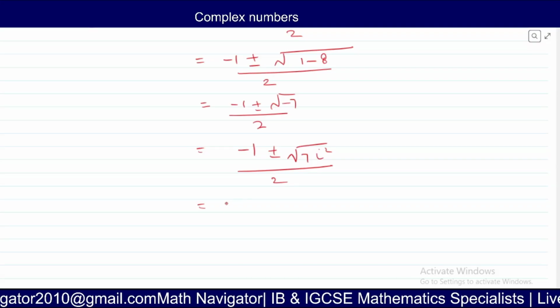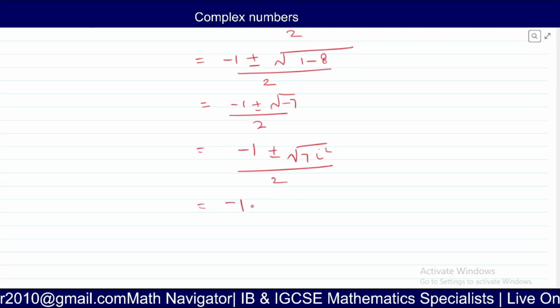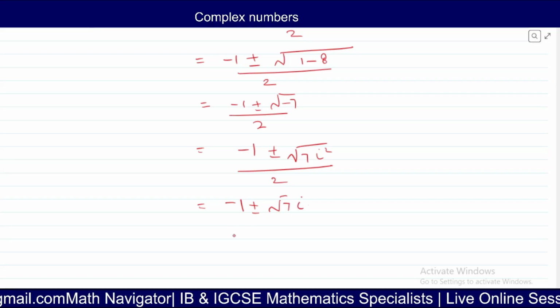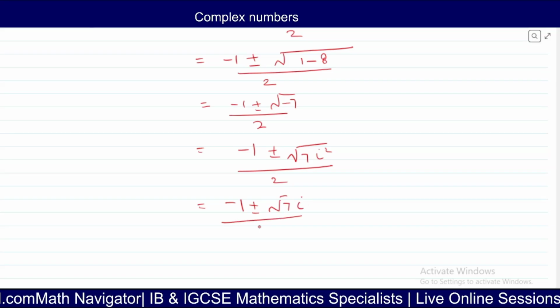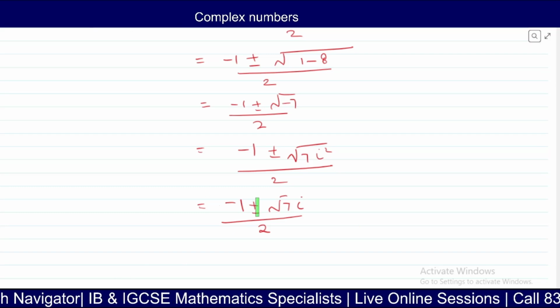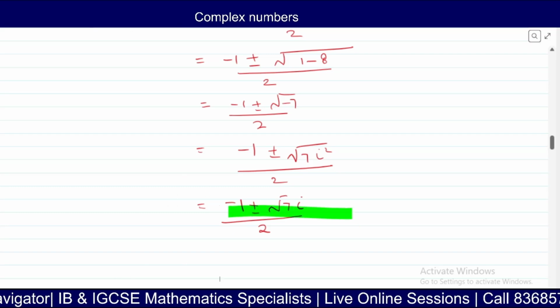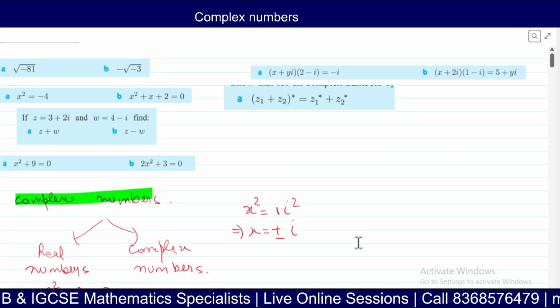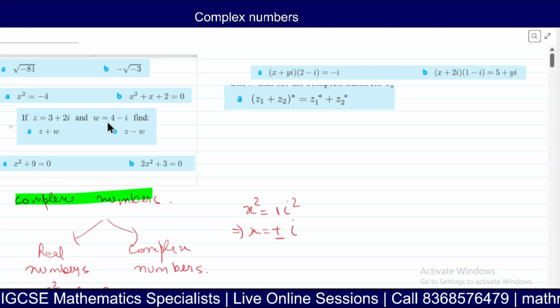So this will give me -1 plus minus root 7 i over 2. Here, these are my solutions. I hope this is clear to you. Perfect. Very good. Now let's move to the next set of questions.